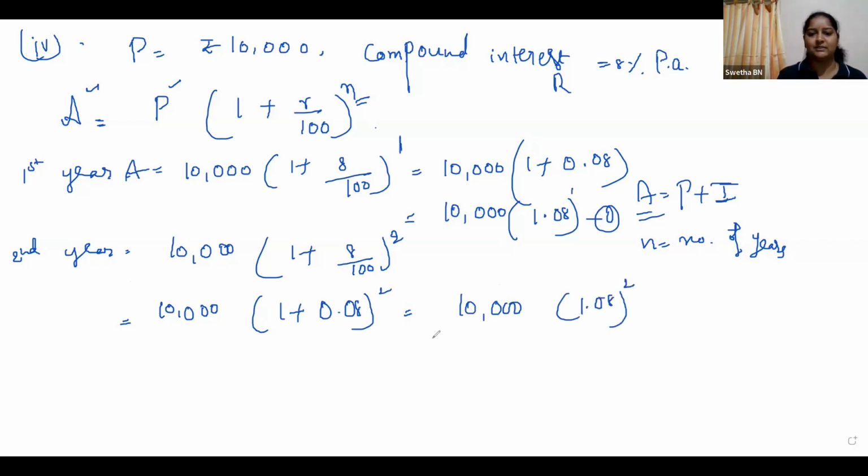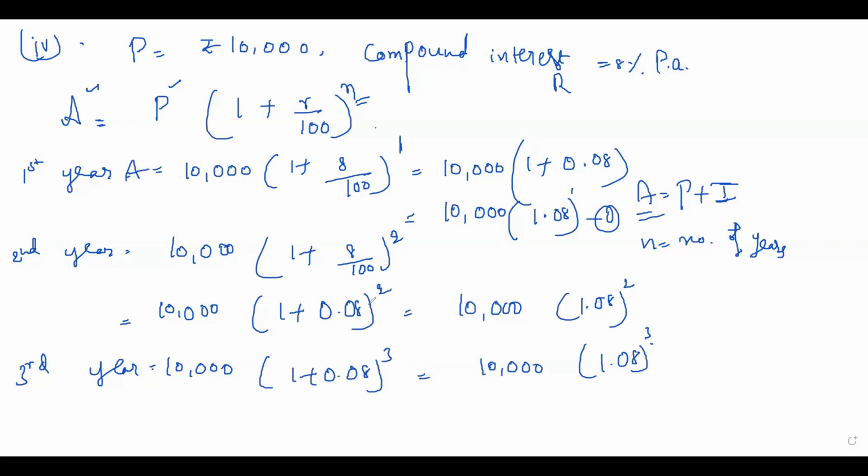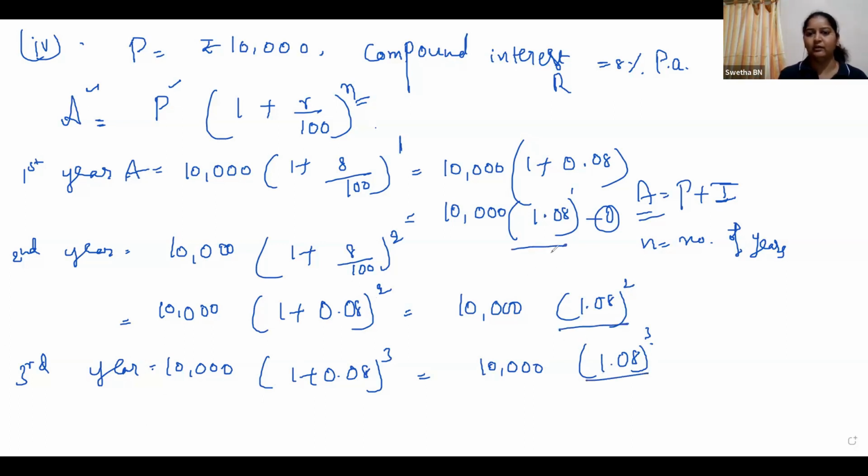Like that, I will write the answer directly. For third year, it will be 10,000 into 1.08 whole cube. Is there any doubt in this, Panchami? No doubt, ma'am. So we have found out the first 3 terms right now.